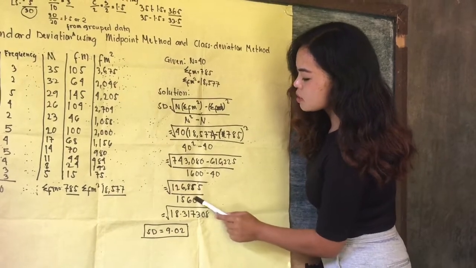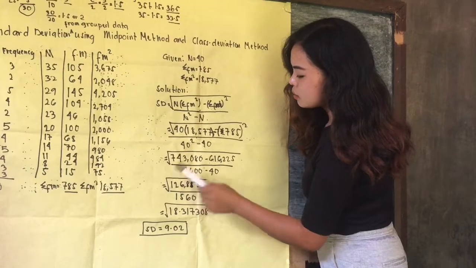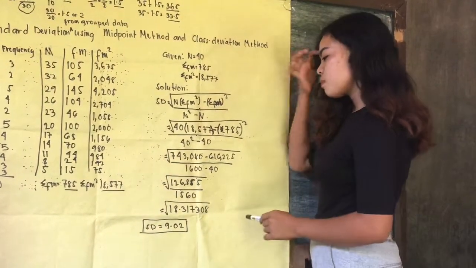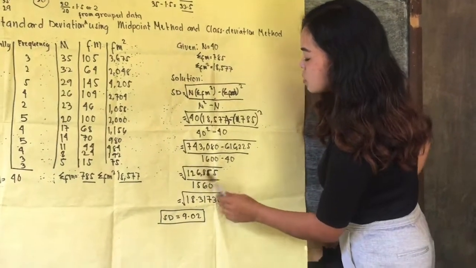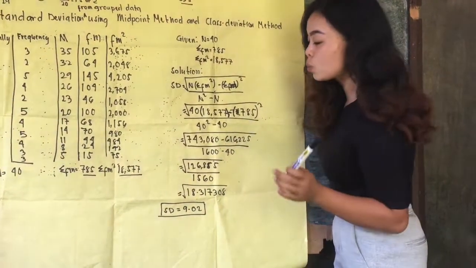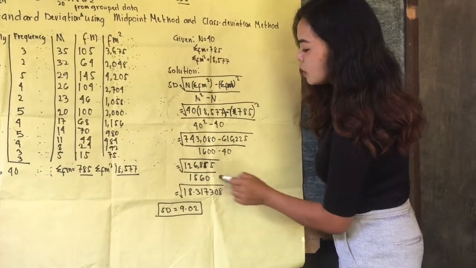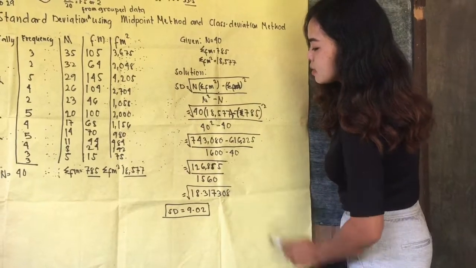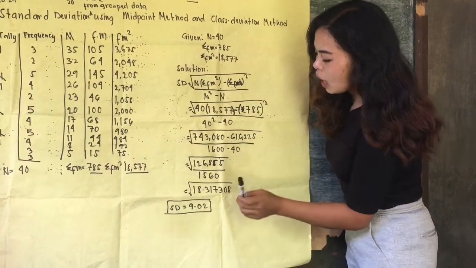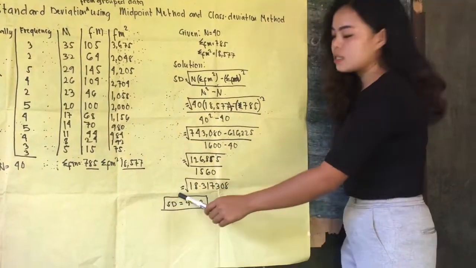After that, divide this, get the quotient of these two values. So just copy the square root. Then 126,855 divided by 1,560 is equals 18.317308.